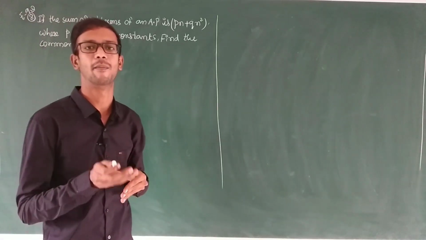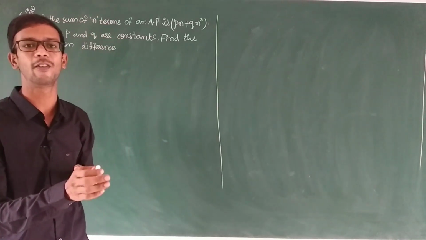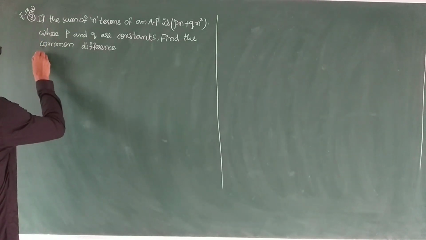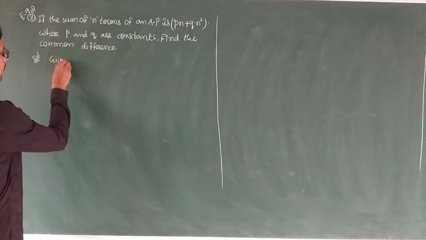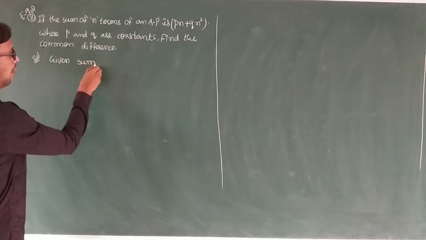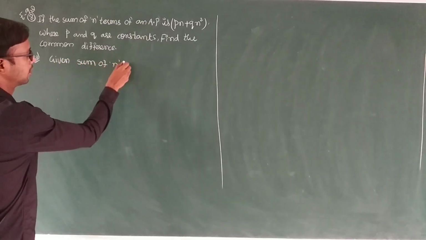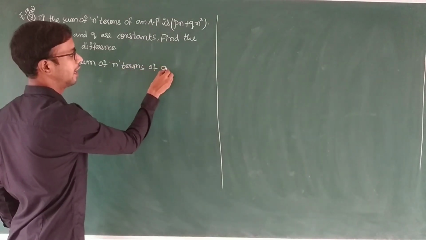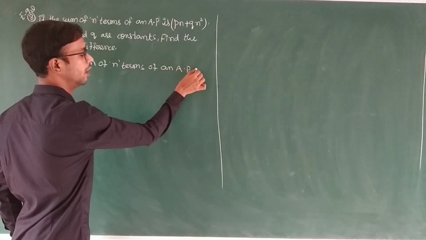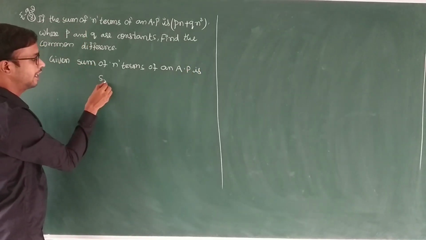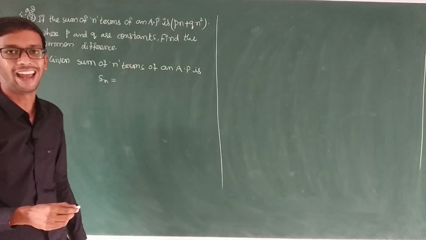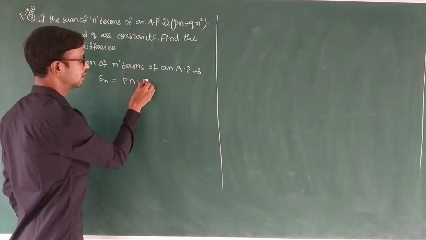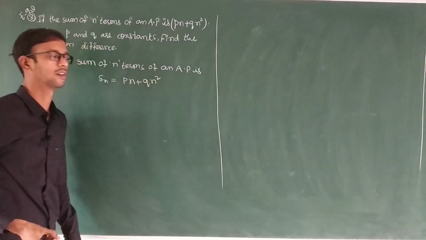That is nothing but the d value that you have to find. So first of all, the given sum of n terms of an AP is S_n, and S_n is equal to Pn plus Qn square.